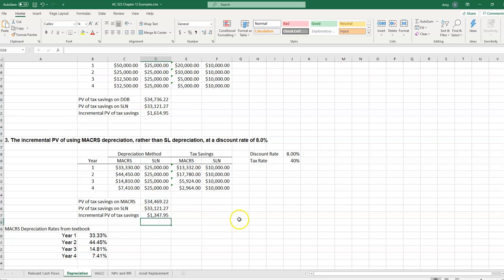Okay, so with all of these calculations, we see that the best depreciation method for us, the most advantageous for our cash flows, is the double declining balance.